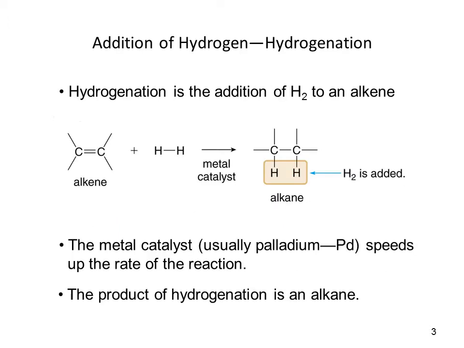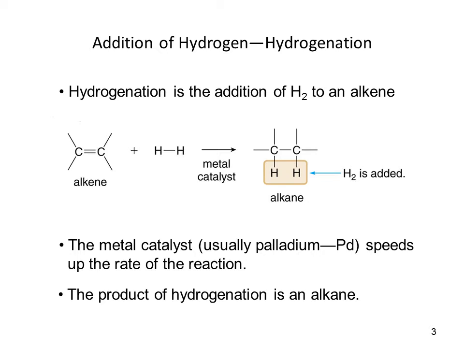Hydrogen is one molecule that will add across a double bond. Now you have to have a catalyst in there for this to occur, and so when hydrogen is in the presence of double bonds, it doesn't normally add across that double bond. You have to have a special metal catalyst in there. It's usually a palladium catalyst, and it's written over or under the arrow.